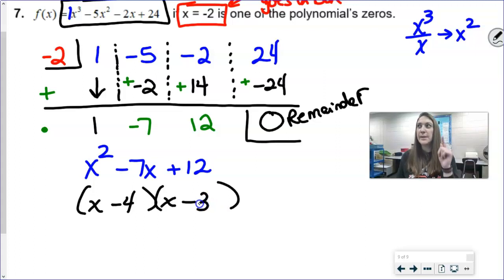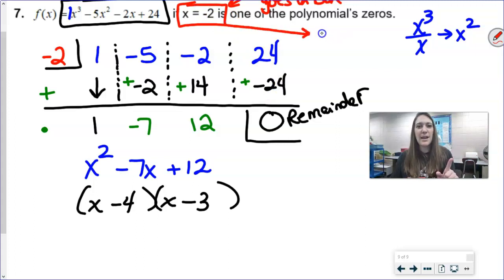But remember, at the very beginning of this problem, they gave me a little hint. They said x equals -2 is one of your zeros, which means if you reverse solved it, that's a weird way of saying it, you would have your factor. Now, if this is kind of confusing to you guys, don't panic. There's a whole lesson on this coming up next. This is just kind of a teaser, if you will. So x equals -2.